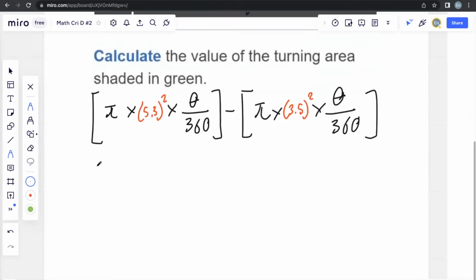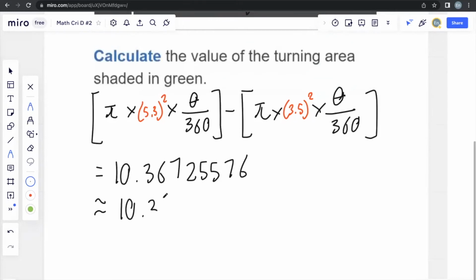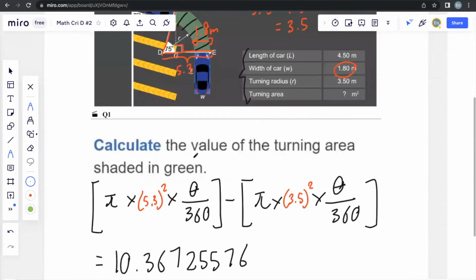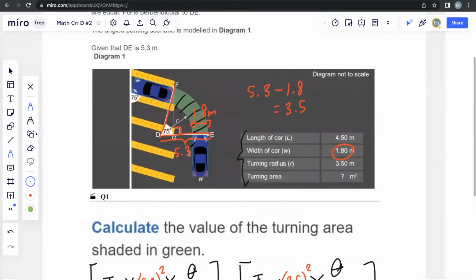So using this, we would get 10.36725576, in which we can say it's 10.37 meters squared. So that's the value of the turning area shaded in green.